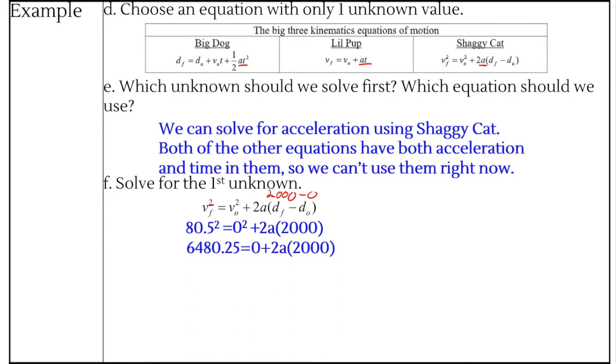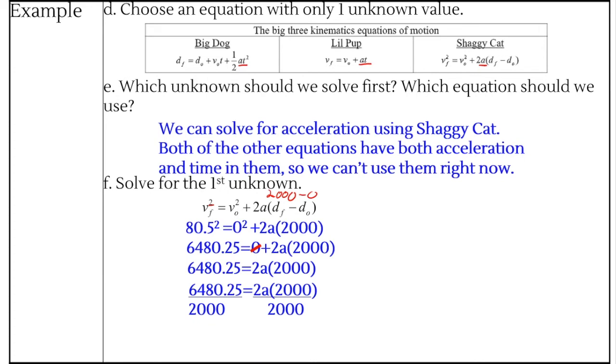Now I'm going to go ahead and do some math. 80.5 squared gives me 6,480.25 is equal to 0 plus 2a times 2,000. The 0 cancels out because it's just 0. It doesn't matter. Again, just taking it slow, I got rid of the 0 here. Now I'm going to multiply 2a times 2,000. But instead of doing that, I'm going to divide the 2,000 over.